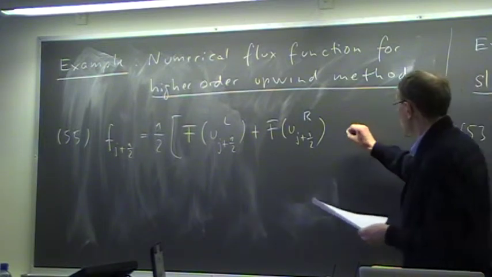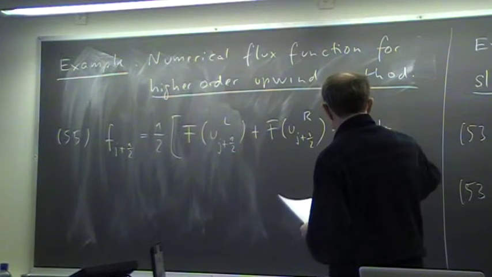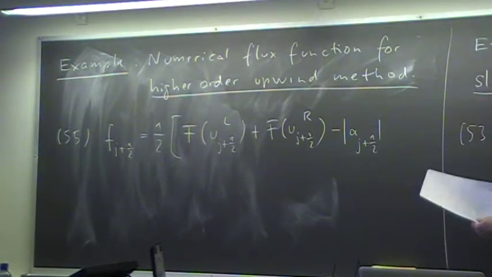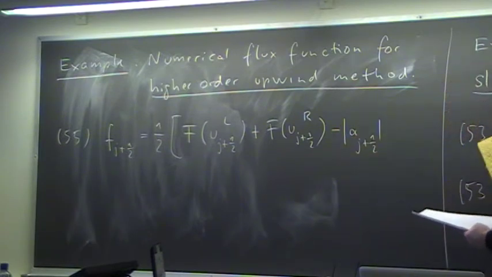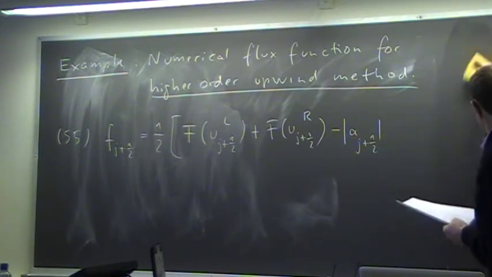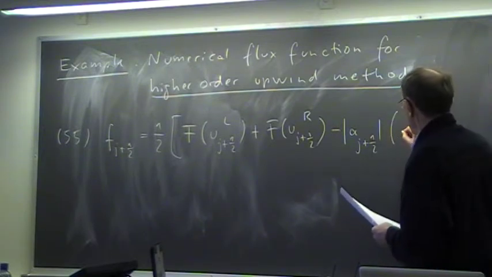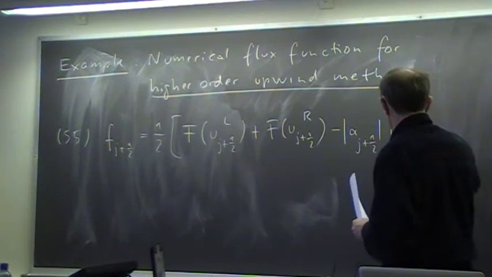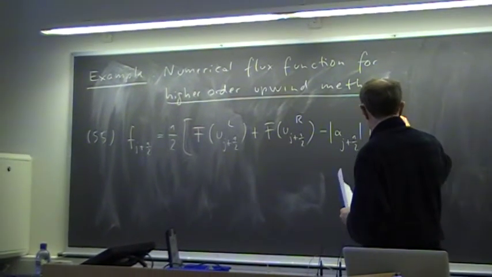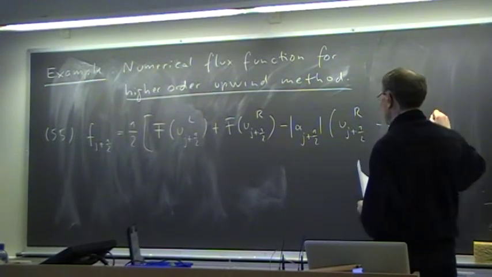And then we take the characteristic speed that is evaluated in this special way for the upwind method, and we define that shortly, and then we multiply that by the difference. And the difference is now not u_{j+1} minus u_j, but the extrapolated ones, the u_{j+1/2} right minus the u_{j+1/2} left.